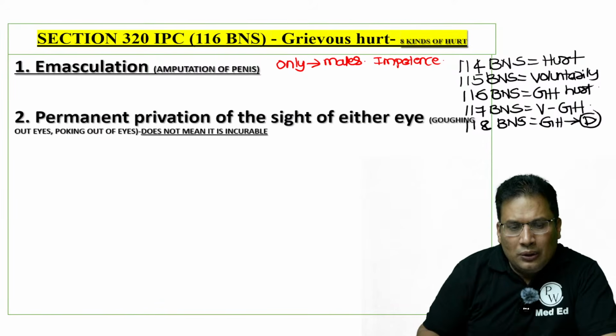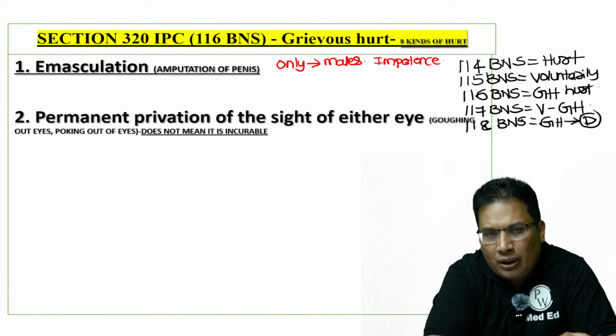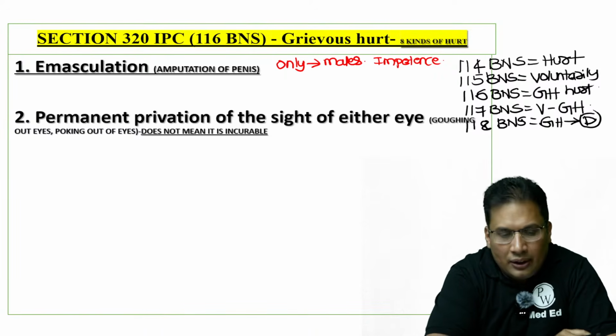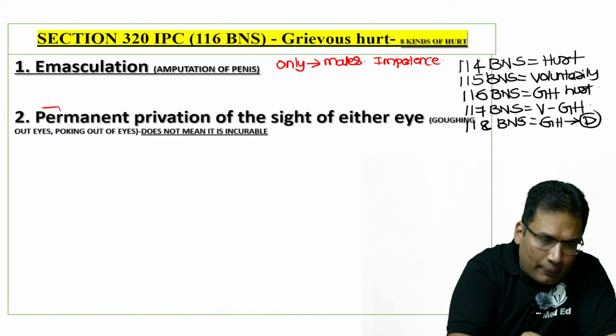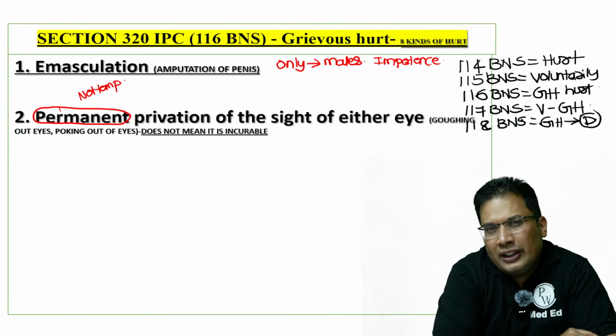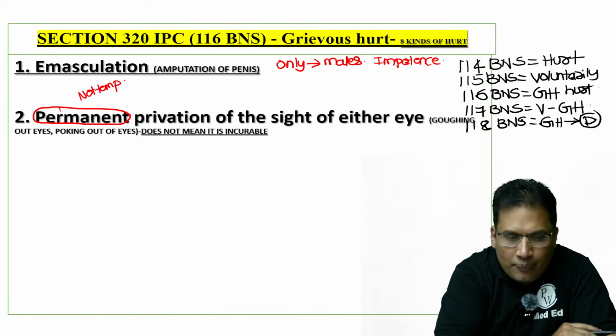The clause number 2, permanent privation of sight of either eye. Here the important word is permanent. Remember, it is not temporary. So it leads to permanent loss of vision during natural course.